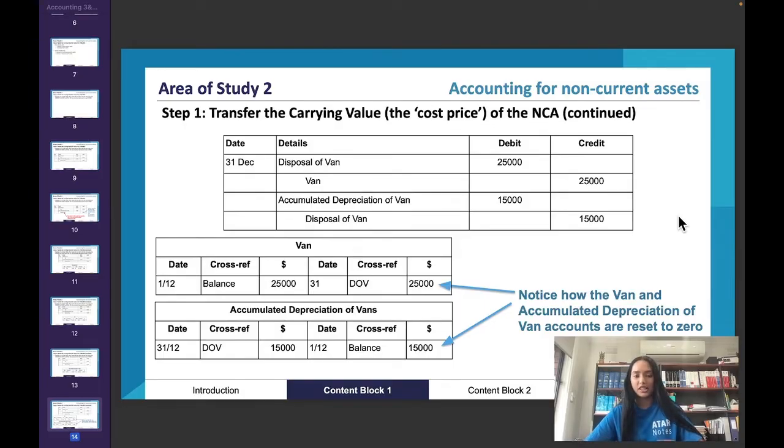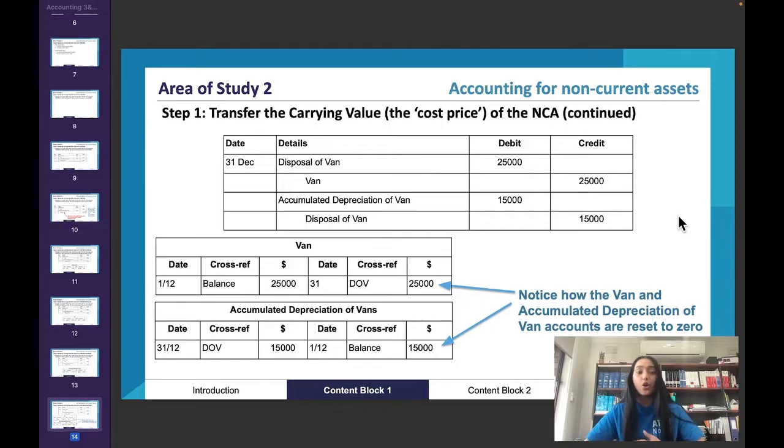So essentially it's 25,000 minus 25,000, which resets the van account back to zero. And same thing with accumulated depreciation of van. We had the opening balance on the credit side of $15,000 and the debit entry on the debit side of $15,000, which essentially resets the accumulated depreciation of van account down to zero.